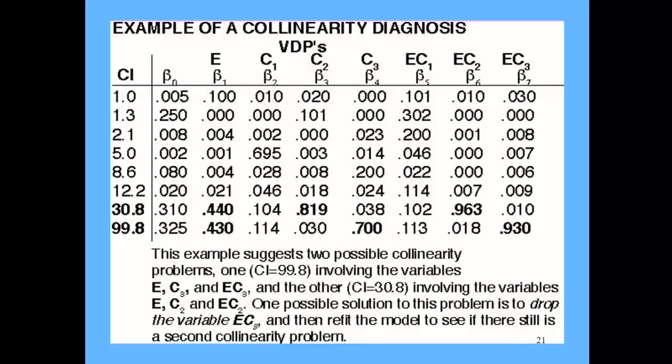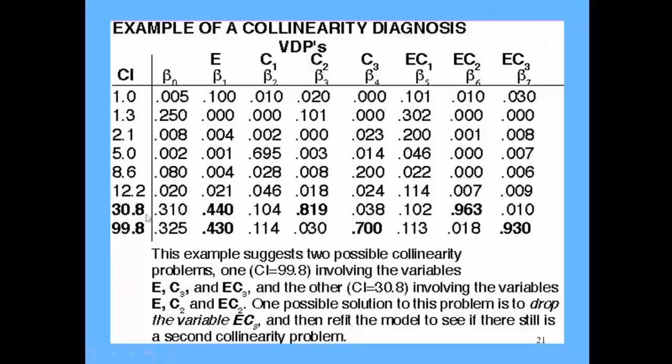That's how it proceeds. I would drop EC3, and then I'd say, okay, that's out of the model because of this thing that I've seen. And then I'd refit the model without EC3. And then I would have only 7 condition indices. I wouldn't have 8 because I've dropped one of these predictor variables, okay?